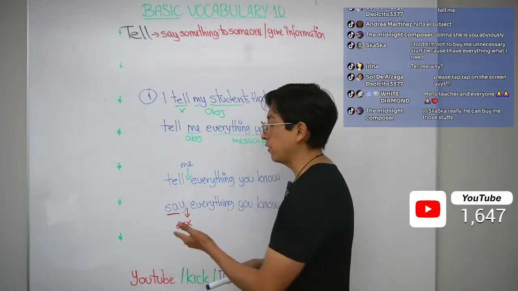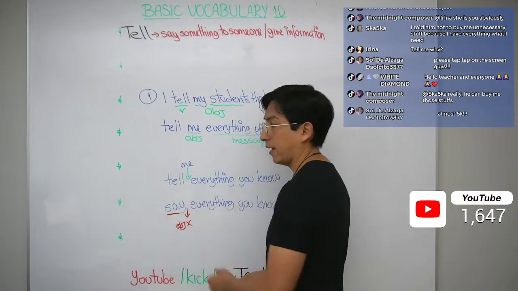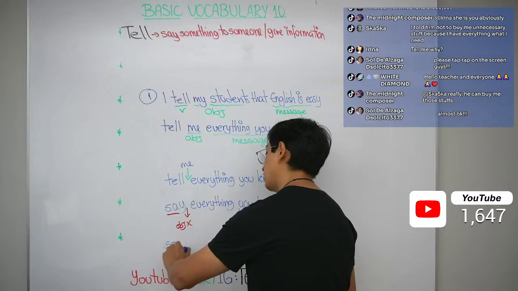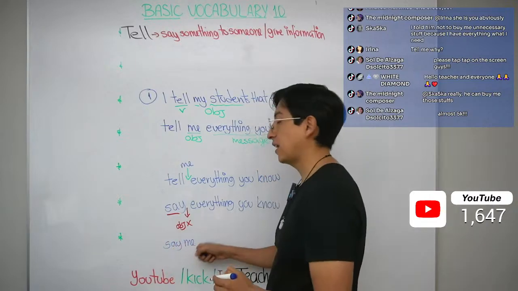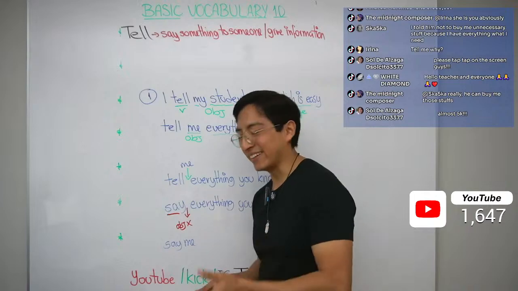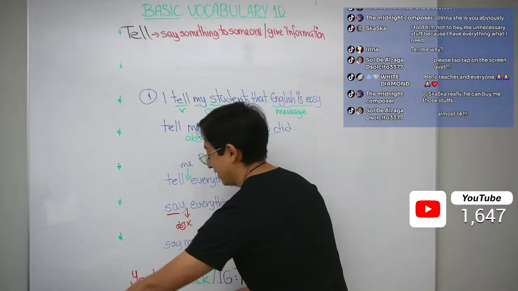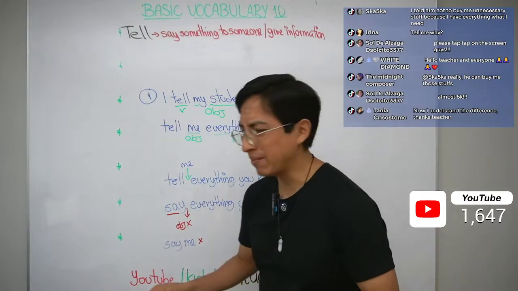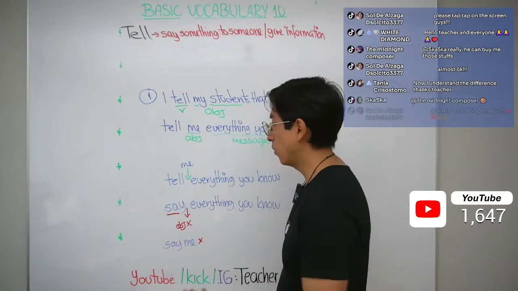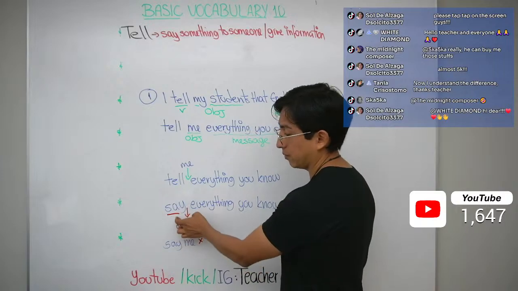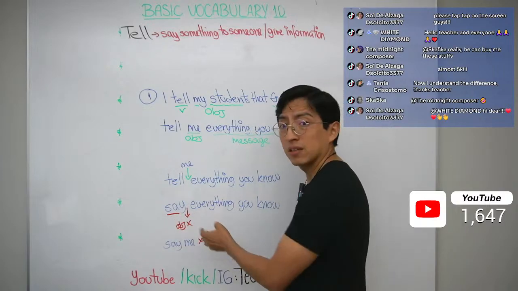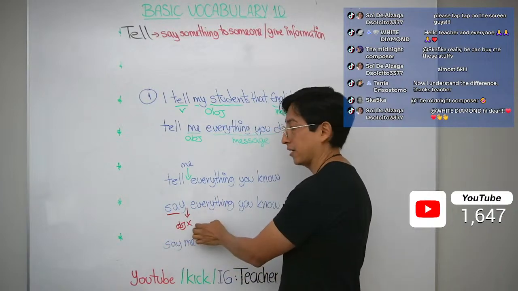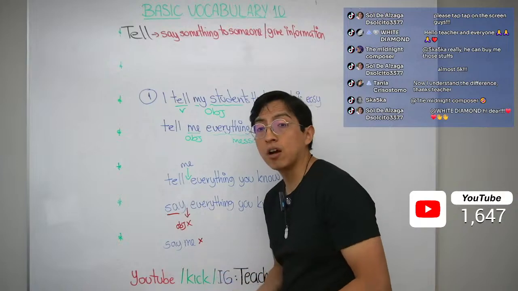Okay, so why is this important? Because some people confuse say with tell. So there's a lot of people that put say me, say me. This is incorrect. Okay, you should never say this, please. Say me. Yep, because for this verb, the object isn't necessary. When do we need the object?